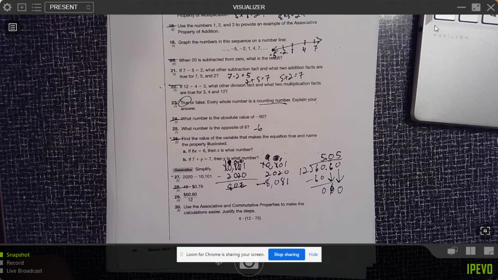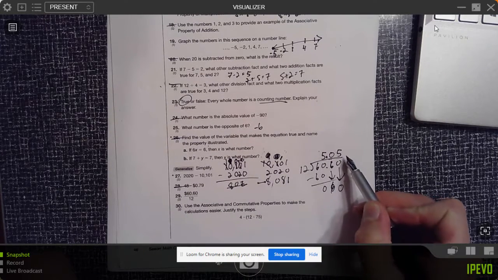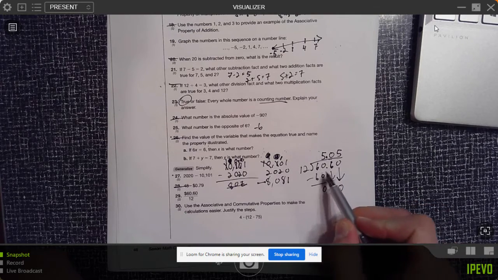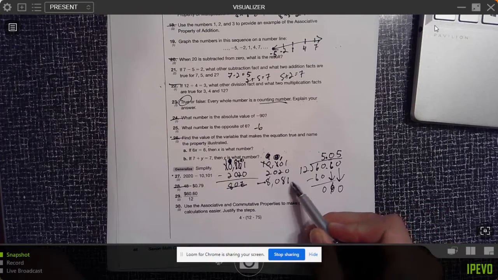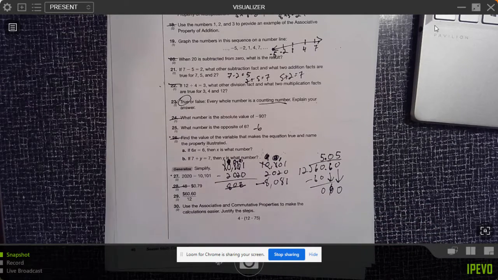Okay, so if 12 people handed you $5.05, you would have $60.60. If you had $60.60 and you had to split it 12 ways, you would have to do it $5.05 each.